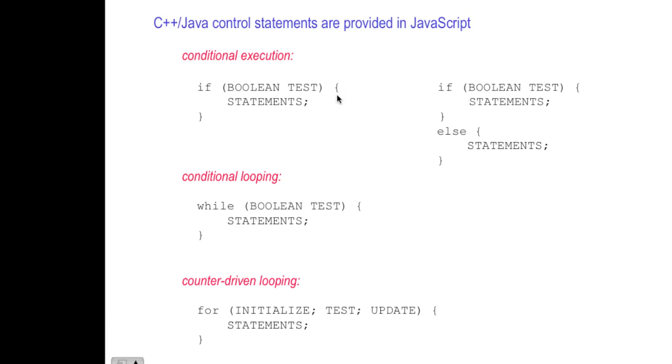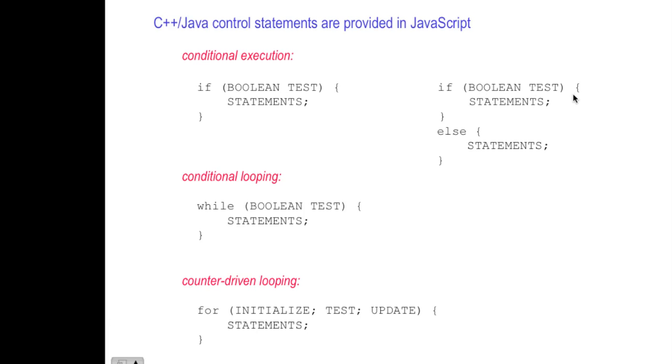If Boolean test, well, that would be if x is equal to hello world. So whatever you put in here has to come out to a Boolean expression. So it's going to be evaluated to true or false. So if true, do some statements. It actually executes by default on true. So if this doesn't evaluate to true, nothing's going to happen.